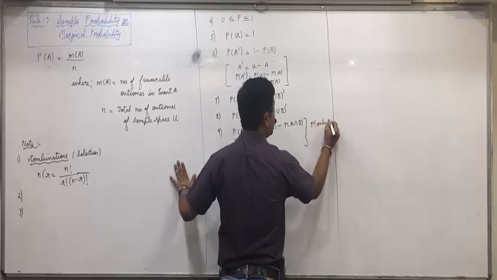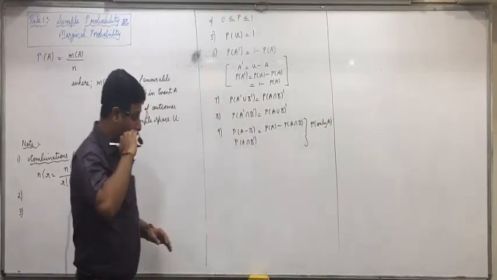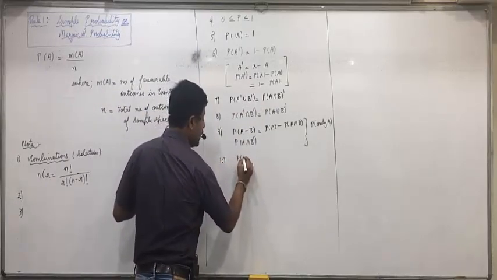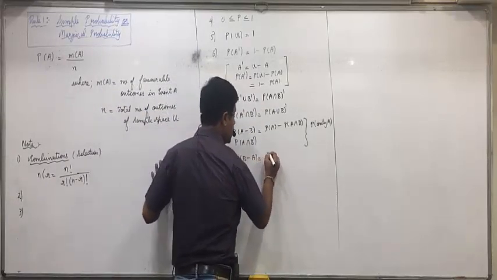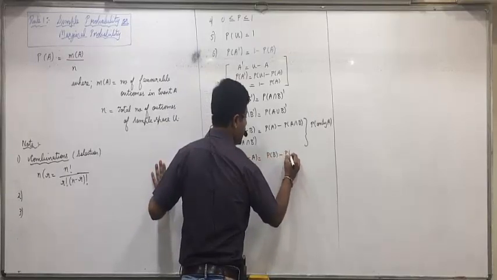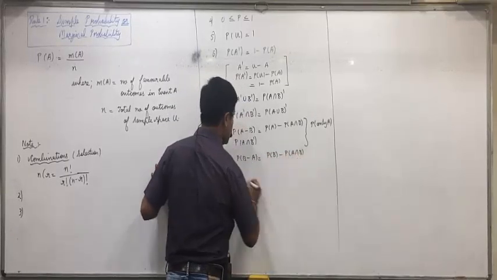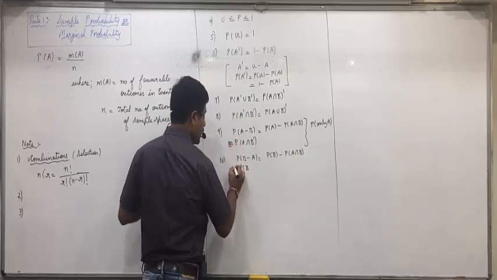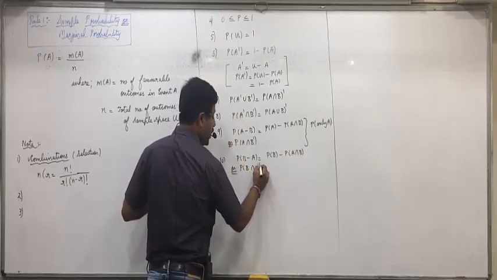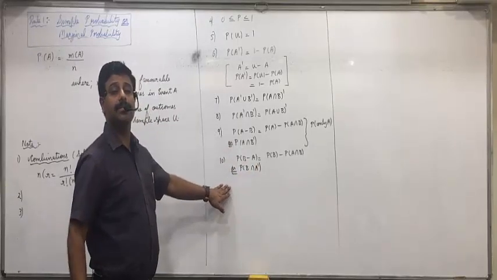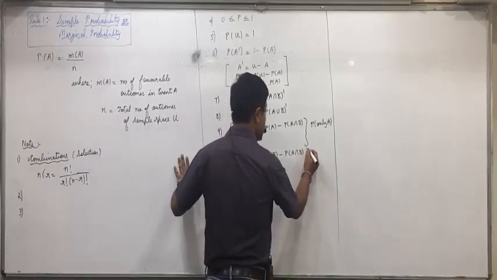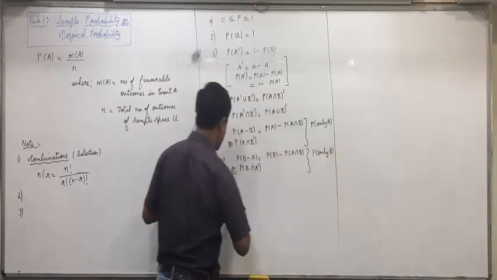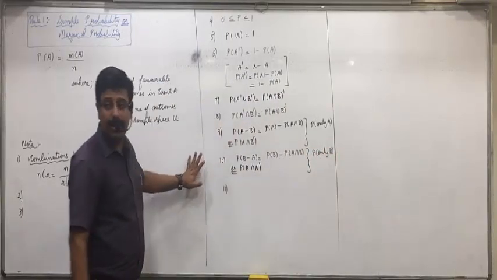Probability that only A occurs. Same way, B minus A is P(B) minus P of A intersection B. It is also called B intersection A naught, and this means only B occurs. All of you able to understand this?